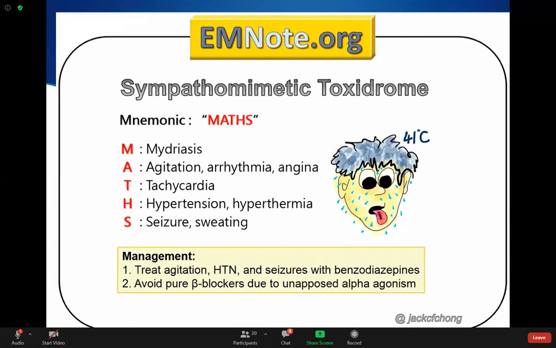So tachycardia from beta 1, hypertension from stimulation of the alpha receptors, but stimulation of beta 2 receptors may reduce the hypertension a little bit. So when you give beta blockers, you block the beta 2s, so you get just hypertension without the vasodilatory effect of beta 2, and that's why they say avoid beta blockers, use alpha blockers, like phentolamine. This is not a big deal, but it's maybe good to know just if someone asks you.